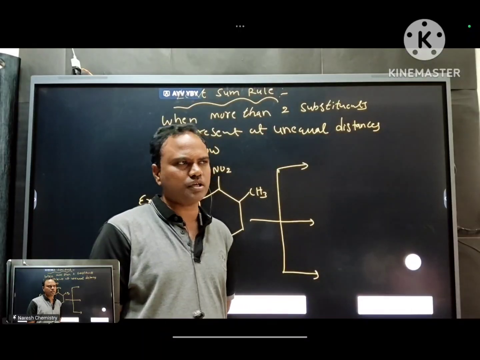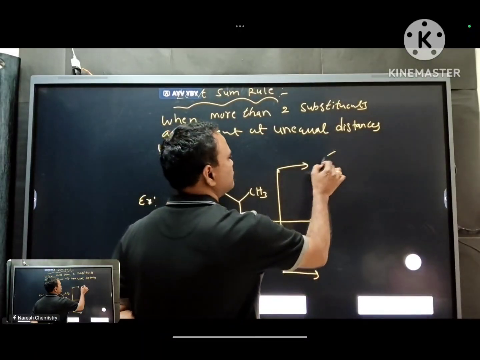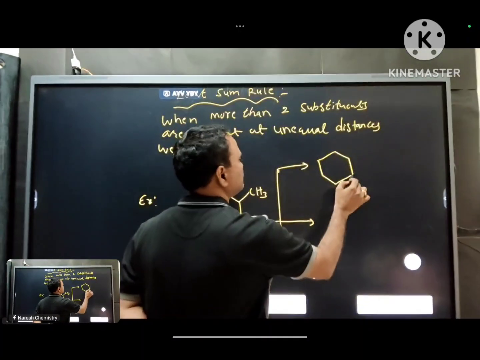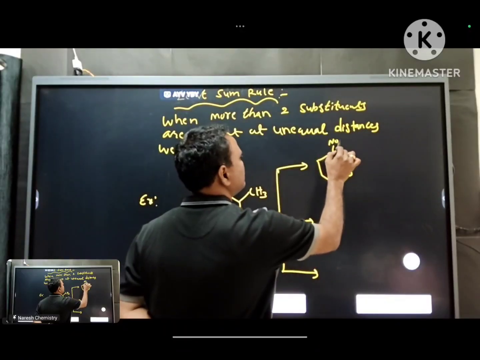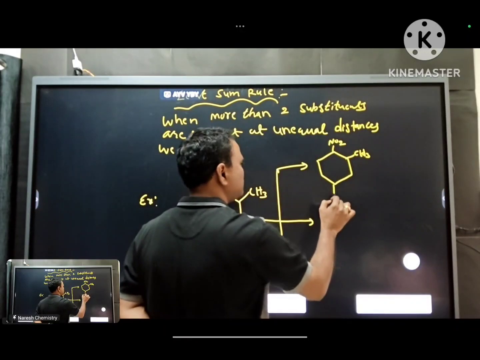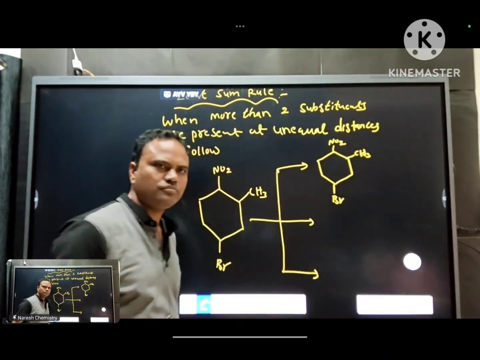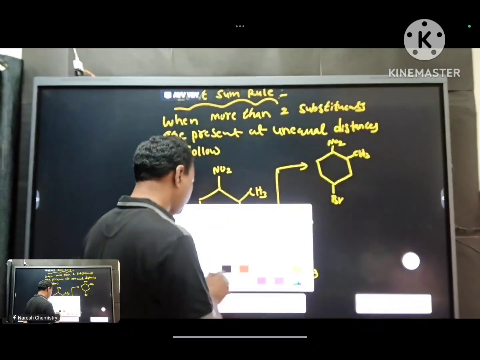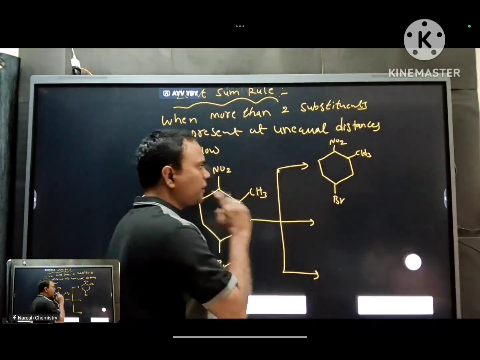Later, let us select which is correct. Okay. NO2, methyl, Br. Let us start from NO2.